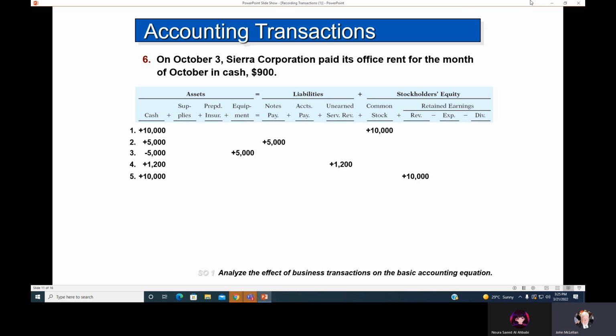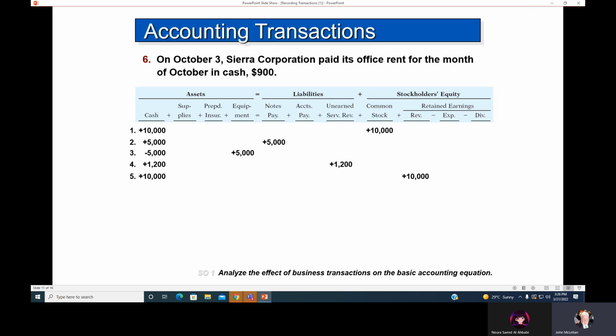On the third, Sierra paid its office rent for the month. Which two accounts? Cash and rent. Now rent, what kind of account is rent? It's an expense. Do expenses go up or down? Expenses always go up, just like revenue.